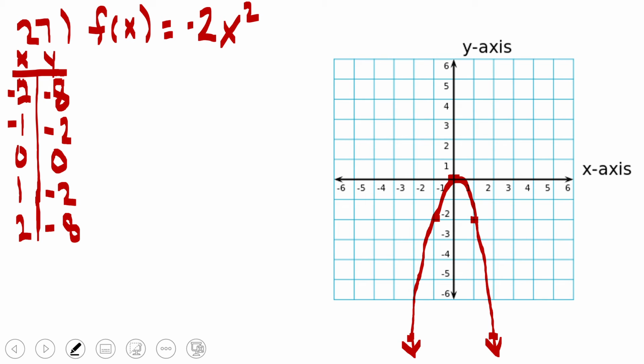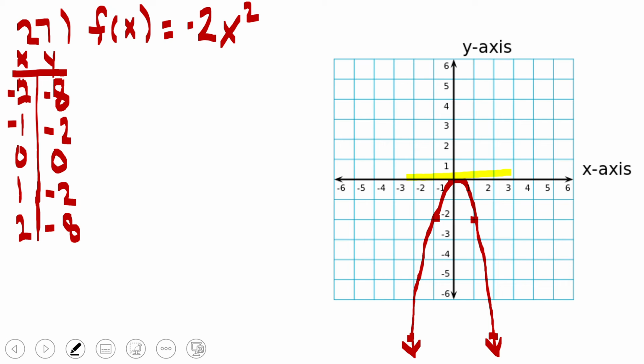Okay, we're asked for the vertex, which is where the graph is at the top or the bottom. You see that's at the origin. Also, we call this the maximum value because on the x and y plane, it is the top of the graph.